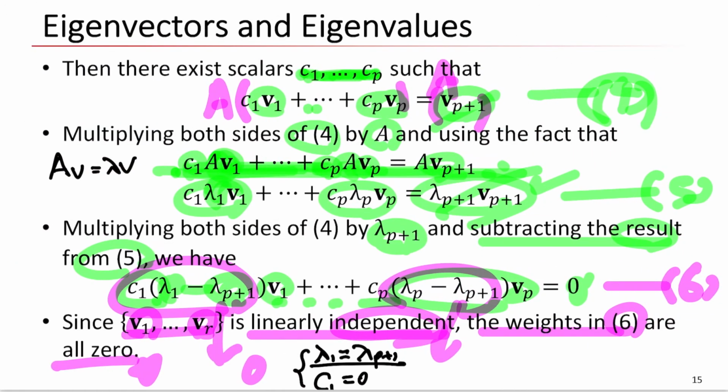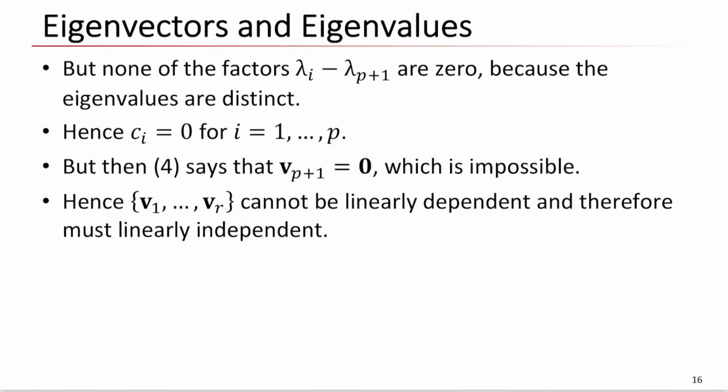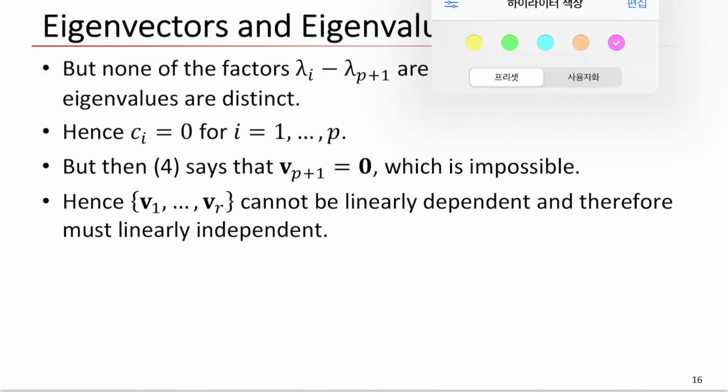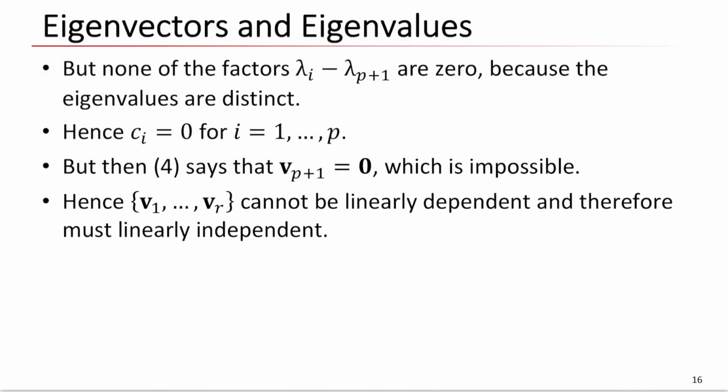So in this case, c1 should be 0, and likewise cp should be 0. So ci is equal to 0 for i equals 1 through p. Every possible ci should be 0.